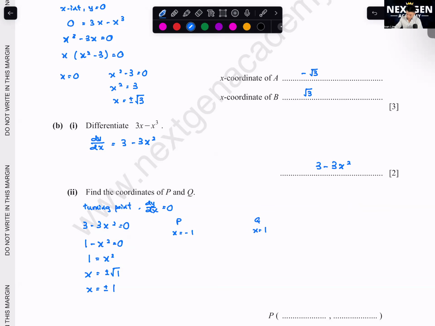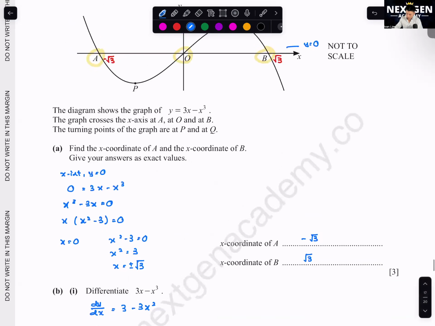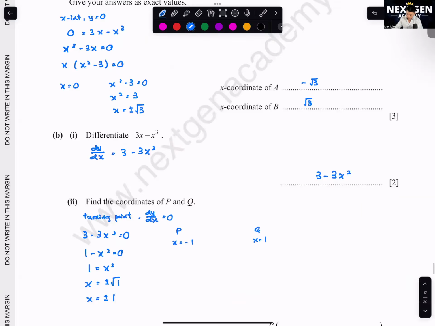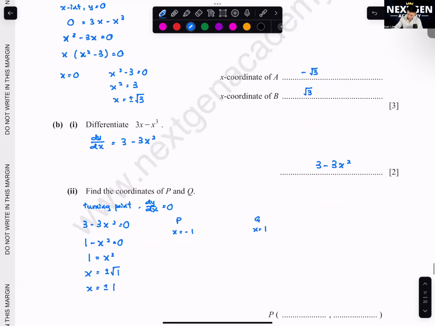Okay, we need to find what's the y value also. The equation of y is 3x minus x cubed. So y is equals to 3 times minus 1, minus minus 1 squared.